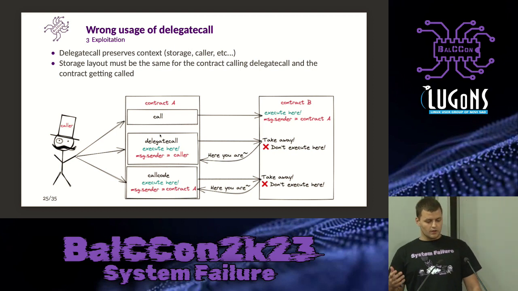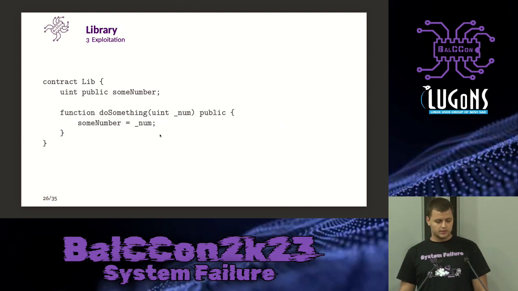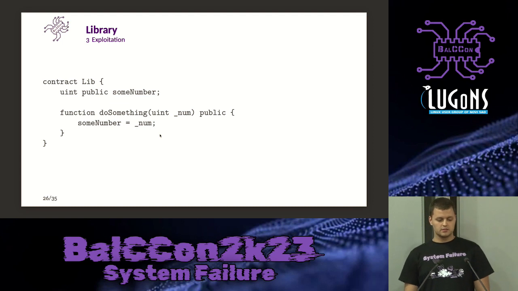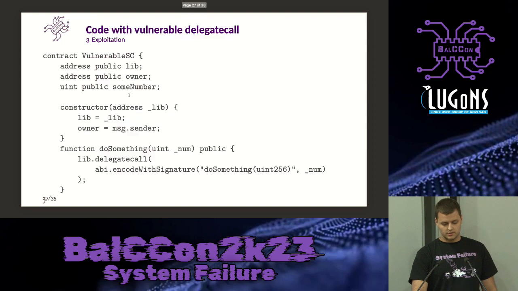So what's happening here? Here is a concrete example. This is some library. It has some storage. It has some number here. And this library is doing some useful stuff for us, but it also sets this internal number to some value. So it is able, using that library, to change its state.